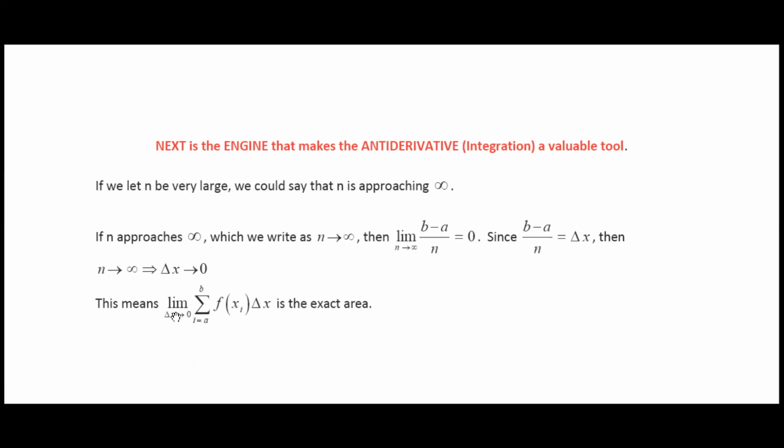Some people will write this as n approaches infinity and express this in terms of n, but we're choosing here to do it in terms of delta x, because delta x and b minus a over n have a relationship, as we see here. And if you let n go to infinity, that's the same thing as saying let delta x go to 0. So I just want to make sure, especially if you've seen other notation displaying this.